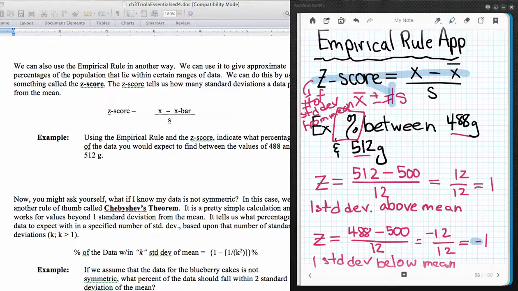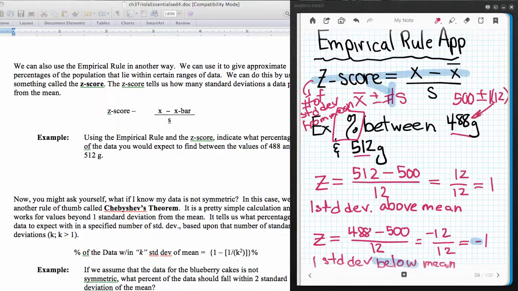So another nice thing about finding a z-score is that when it's done correctly, the random variable, the observation's value minus the mean divided by the standard deviation, then we're going to know based on the sign whether our value is above or below the mean. So now based upon the positive one and the negative one, we know that the values are x bar, our x bar 500, plus or minus 1 standard deviation.